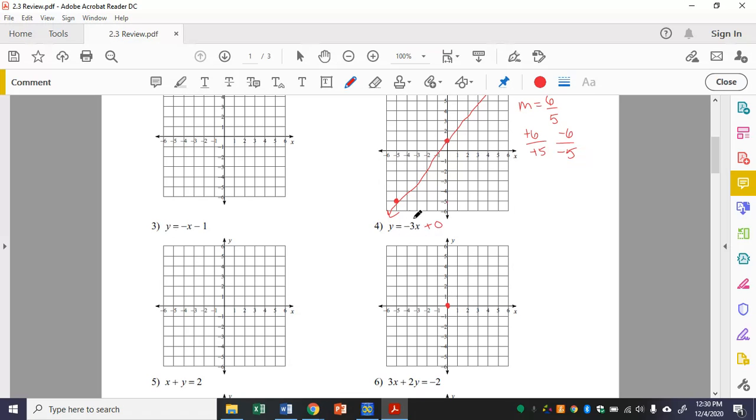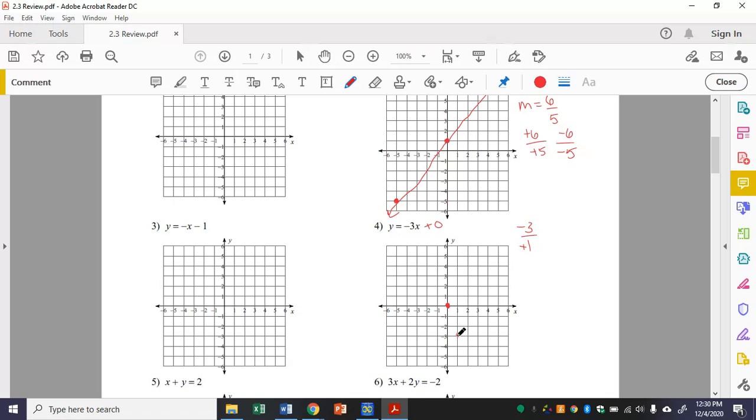And from here, now I can use my slope of negative 3. So again, if my slope is negative 3, we could write that as a fraction as negative 3 over 1. So when I go to find my next couple of points, I'm going to use my rise first. In this case, my rise is negative, so I'm going to go down 3. And the 1 is positive. So then I'm going to go to the right to make it positive.